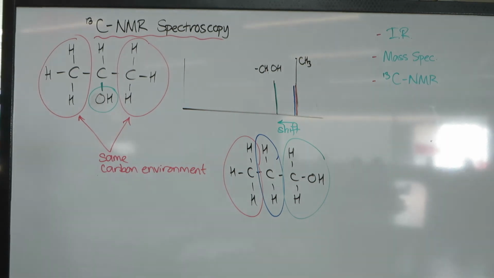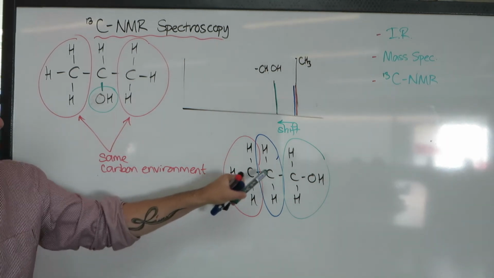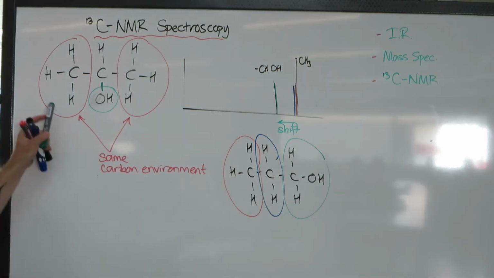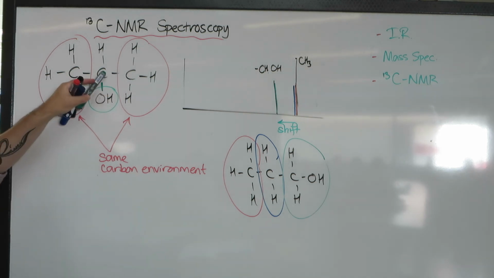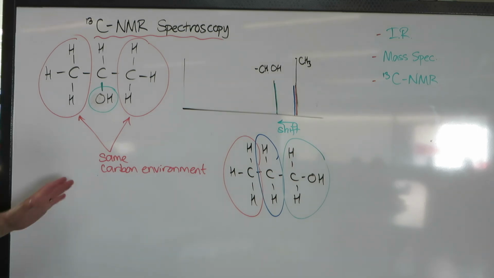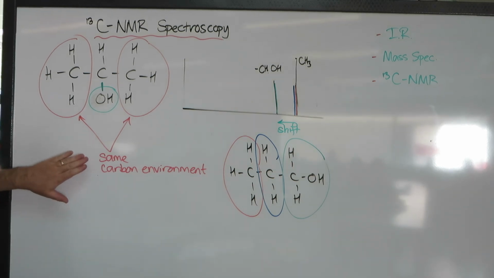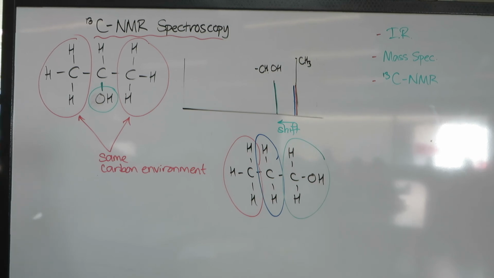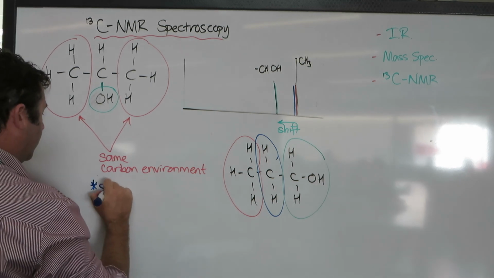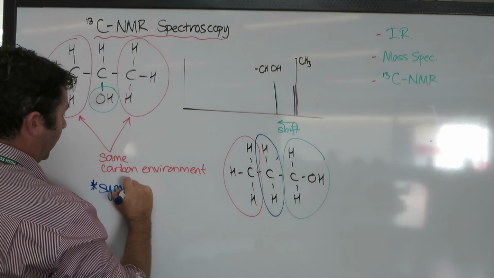And so we'd now have 3 peaks because there's 3 unique carbon environments compared to the 2 that we've got here. And that's our key piece of information we're looking for from NMR. So NMR is about carbon environments, symmetry. So we're looking for symmetry or a lack of symmetry.